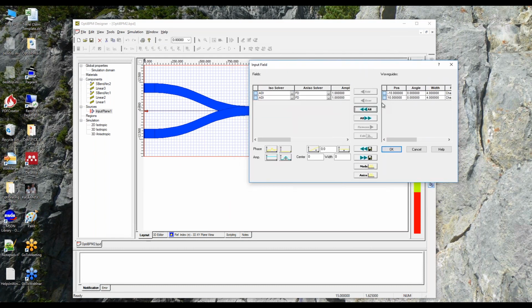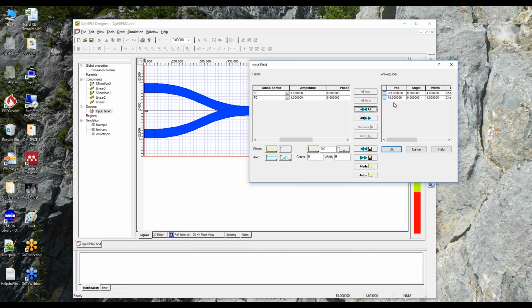On the right-hand panel is a list of all of the waveguides that cross the input plane. And on the left panel are which of those waveguides were selected for input. In this case, they both are. And they are selected to have the same amplitude.